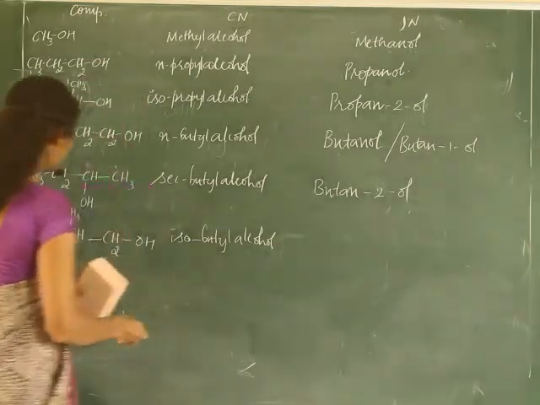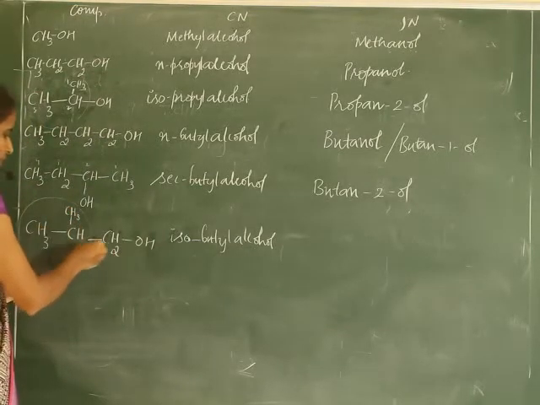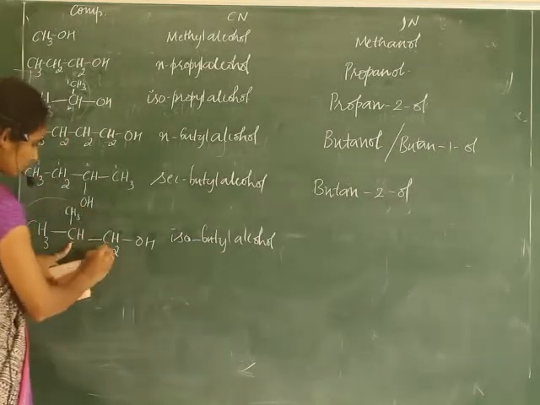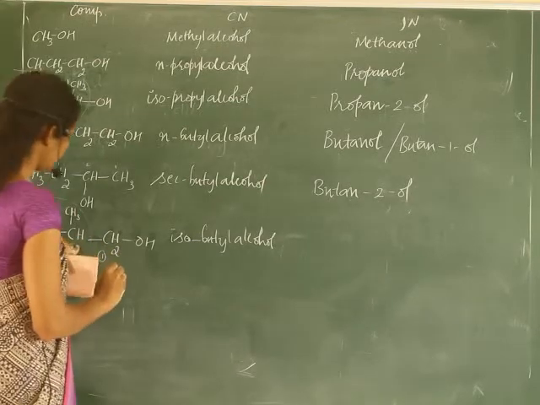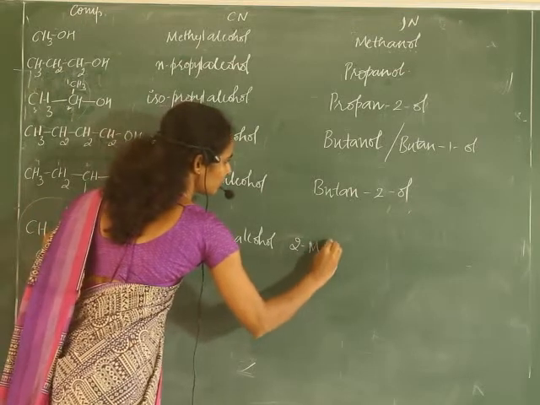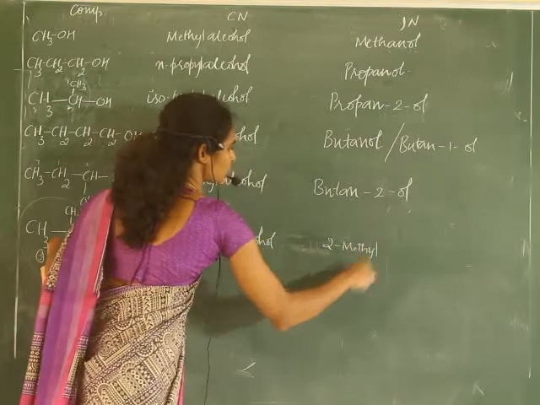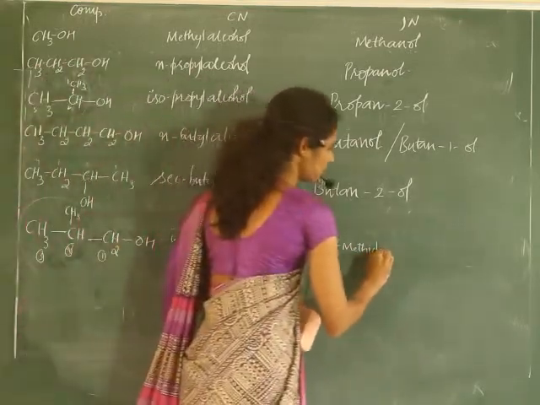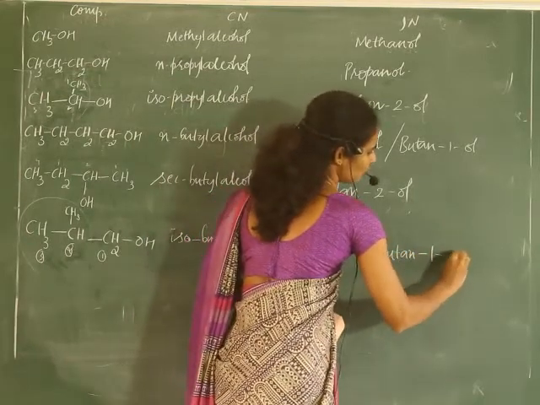And for the IUPAC name, we have to consider the longest chain. 1, 2, 3, straight chain we will consider 1, 2, 3, right? And at the second position a methyl group is there. 1, 2, 3, third carbon, and second position methyl group is attached, hence 2-methyl substituent, and it is butanol, right? 2-methylbutan-1-ol.